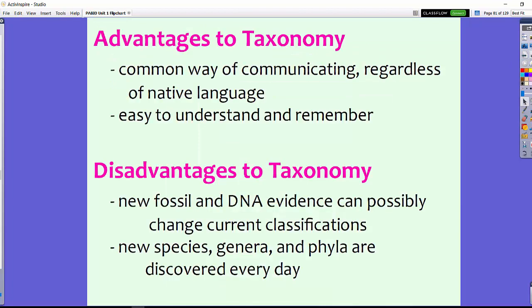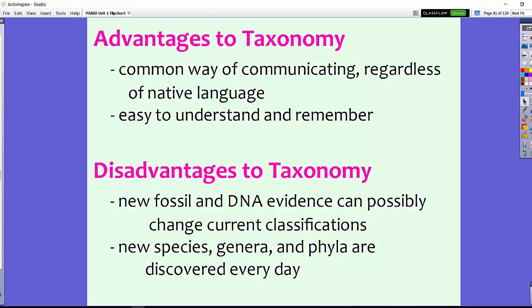So there are some advantages and disadvantages to this type of classification, to taxonomy. There are some very good advantages, including that it's a common way of communicating, regardless of native language, as I mentioned before. It's also an easy way to understand and remember all these organisms. Now, there are definitely disadvantages to taxonomy as well.